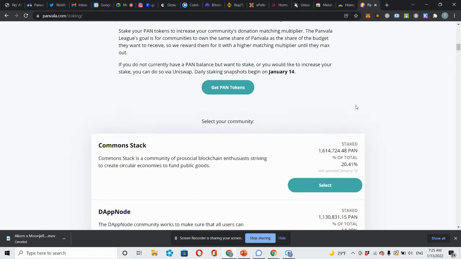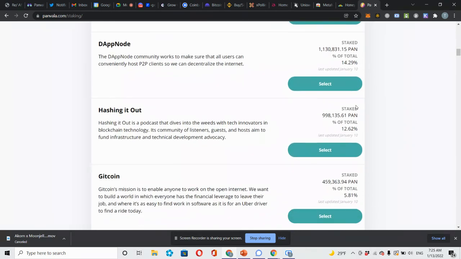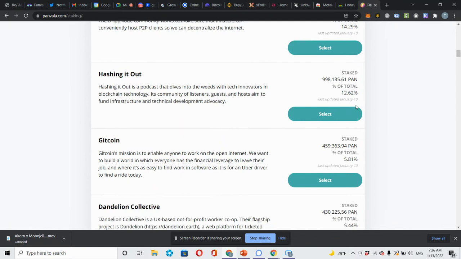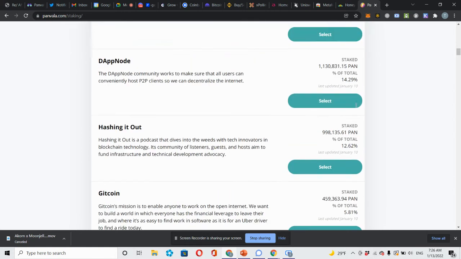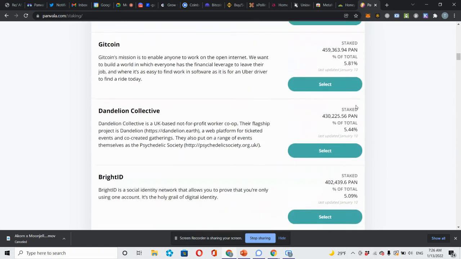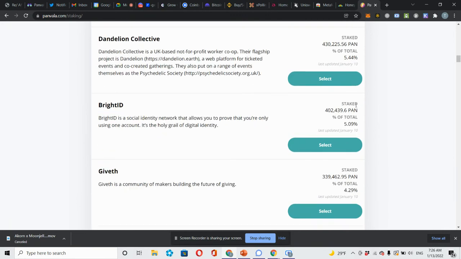And you want to get as many people as you can staking with you so that you're able to participate in that treasury. So there's some more complicated mechanics behind Panvala, but it's allowing all these decentralized communities, Common Stack, Node, hashing it out, Gitcoin, etc., to grow together and share a collective treasury as decentralized organizations working in the work that we do.